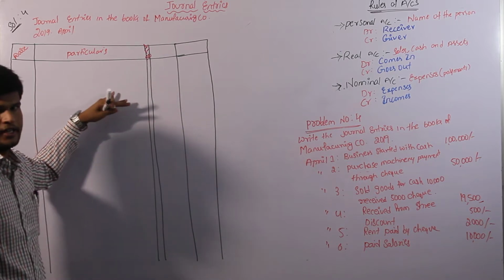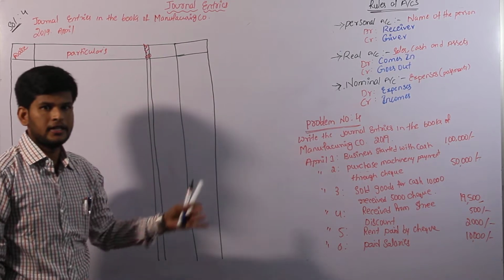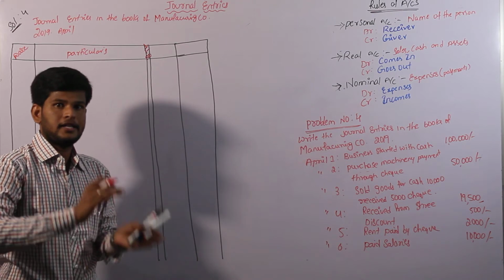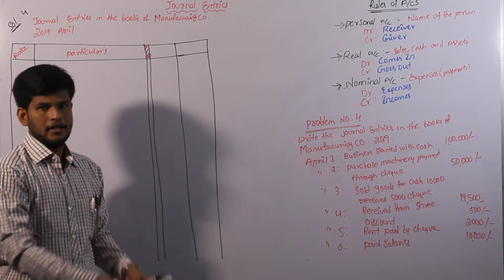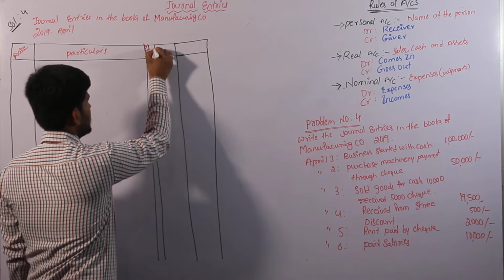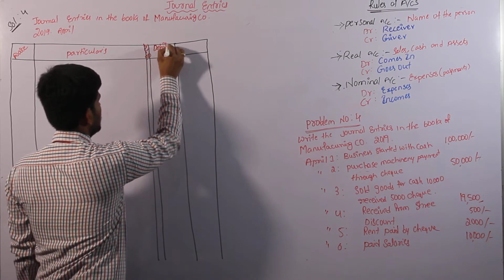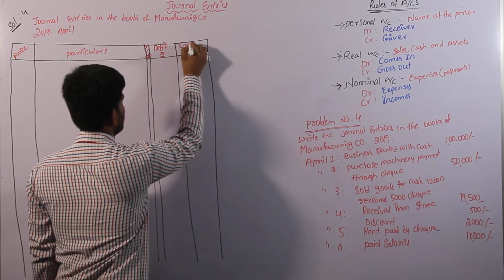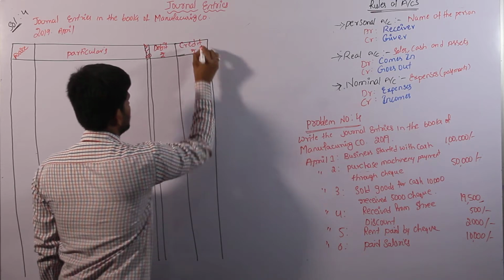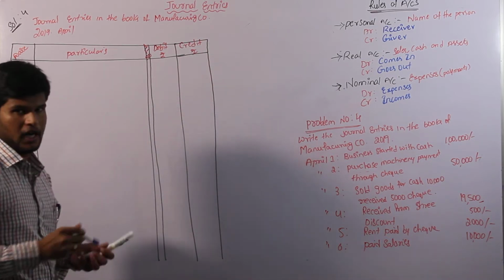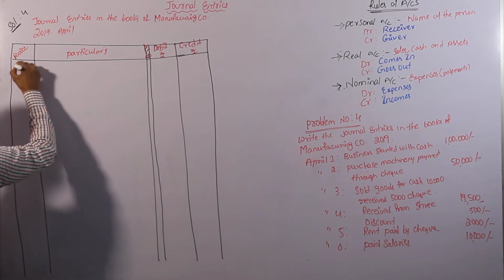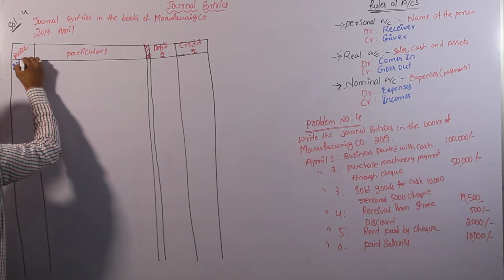After every transaction is converted into a journal entry, each journal entry is posted into the ledger balances. The next columns are debit amount and credit amount.